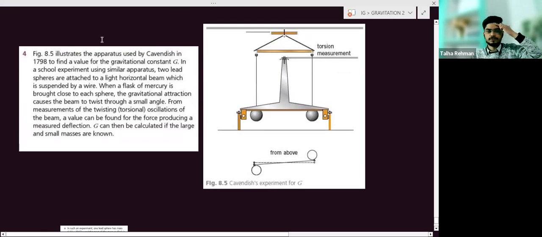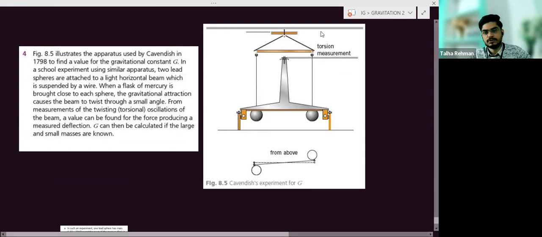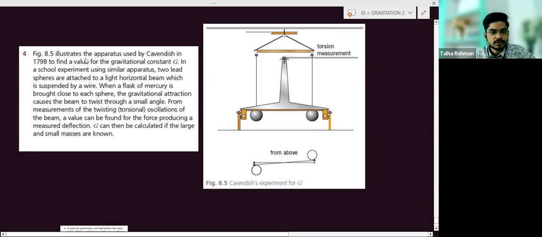Question number 4. In this question, a figure is given, figure 8.5. So now we will read it. Figure 8.5 illustrates the apparatus used by Cavendish in 1798 to find a value of gravitational constant G.